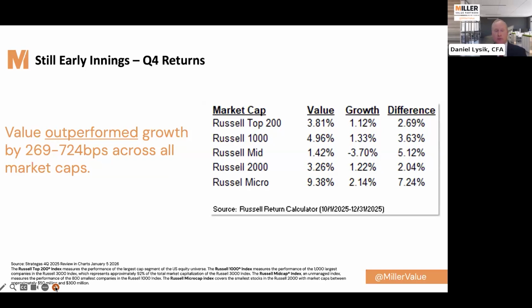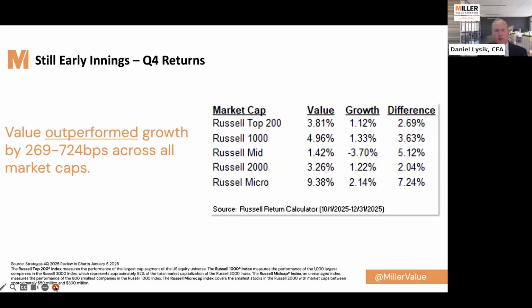And that broadening and rotation has continued. While it's still early in the year, only 3 weeks in, value is again leading, and small caps are now up in excess of 8% through the end of today. And that's more than 1,000 basis points ahead of large cap growth, which is actually negative, down close to 2% for the year. So we think we're still in the early innings of a small cap and value outperformance cycle.